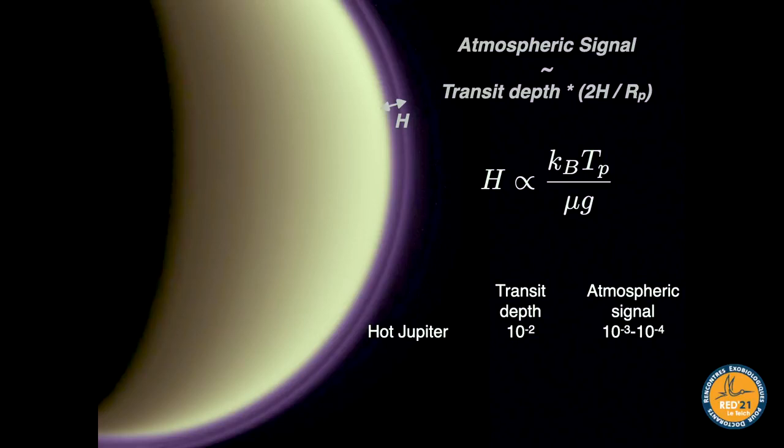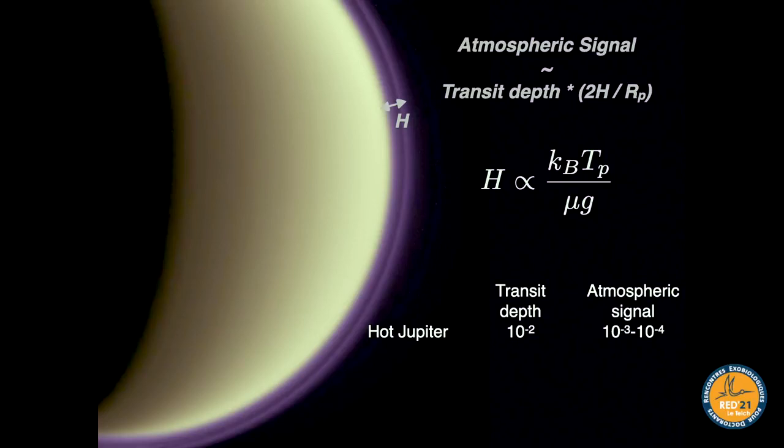Here, what is really interesting is that the scaling is not temperature to the fourth power as it was for eclipse. Here it's just temperature. And so it means that from one planet to the other, it's going to vary much less. And that's why this technique actually allows us to probe atmosphere of planets, even if they are much cooler than what we did for hot Jupiters.